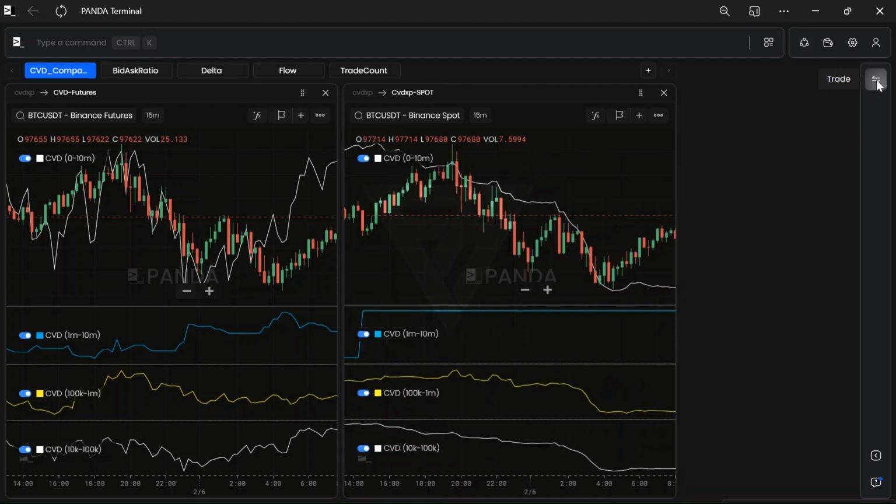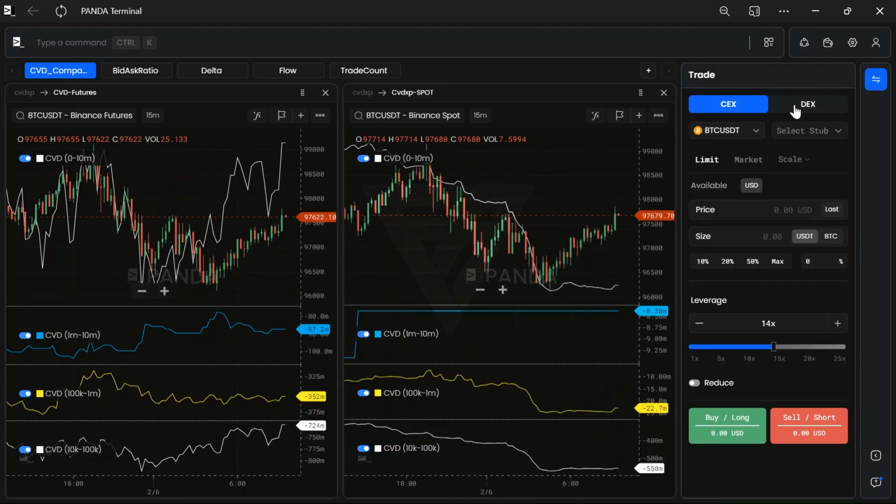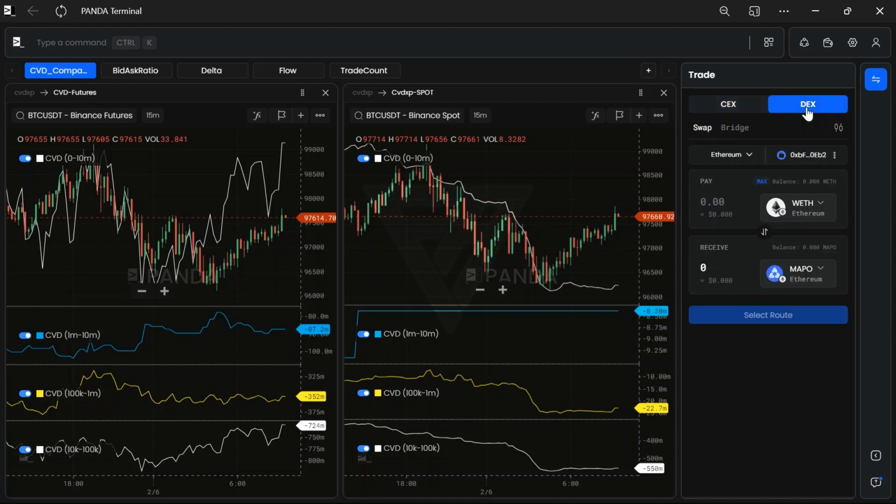You can place your trades directly from here for both centralized exchanges through the Bybit API, and also for decentralized exchanges by connecting your web wallet.